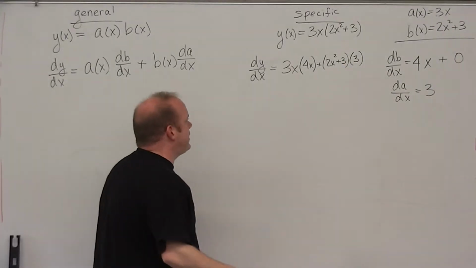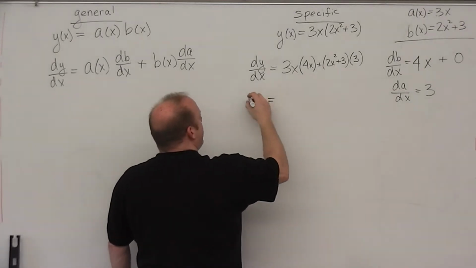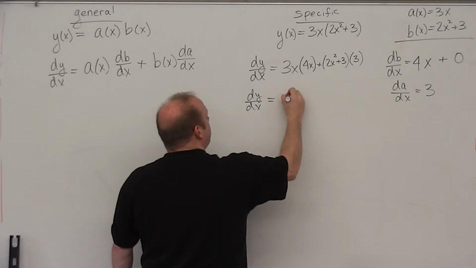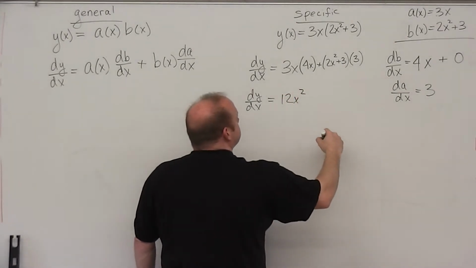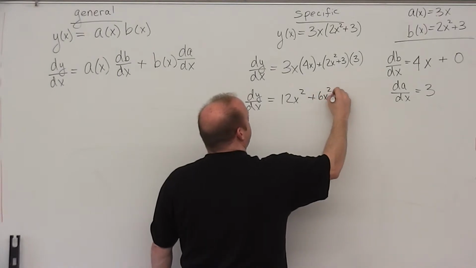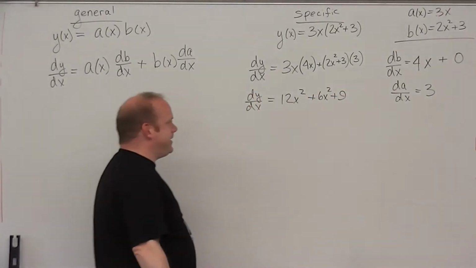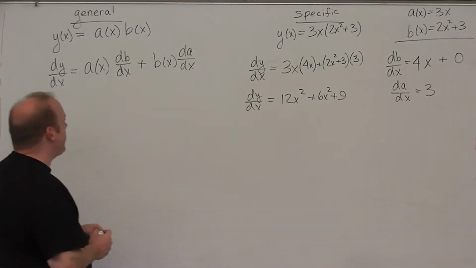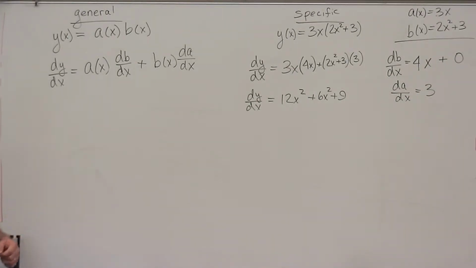Now, if you leave it like that, you can simplify a little bit. I'll go ahead and simplify just a little bit. dy dx is equal to 12x squared. I'll distribute the 3, plus 6x squared plus 9. So I get 18x squared plus 9. And you leave it like that. So that's the product rule.